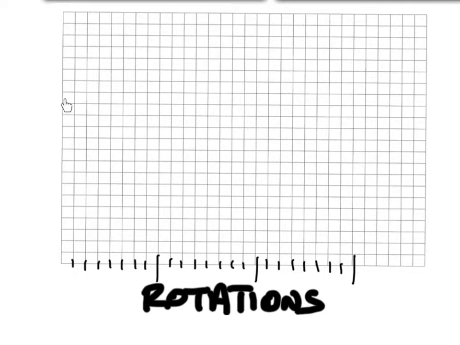Let's see, 13, 14, 15, 16, 17, 18, 19, 20, 21, 22. We would need 24. So we're better off just going by tens. If we go 1, 2, 3, 4, 5, there's 50. 6, 7, 8, 9, 10, there's 100. And then 11, 12, that's 120. And we can fit in some other things in here. This is an 80. This would be a 30. Something to help us out.